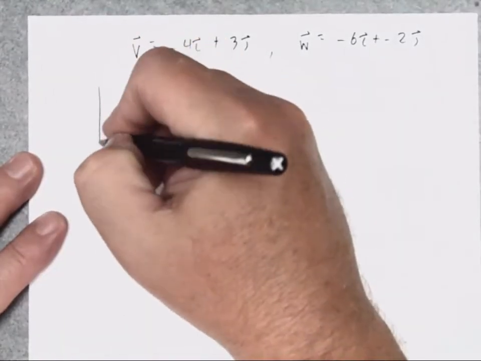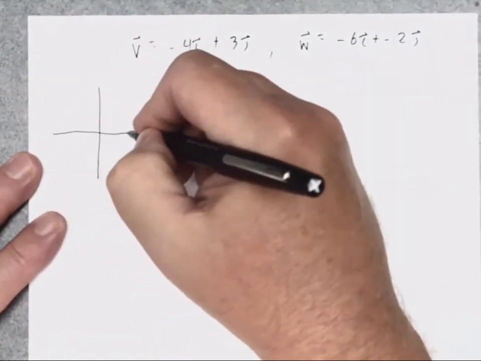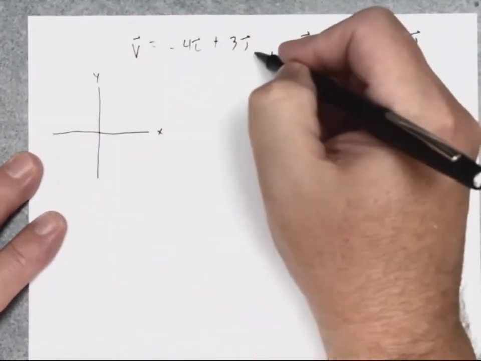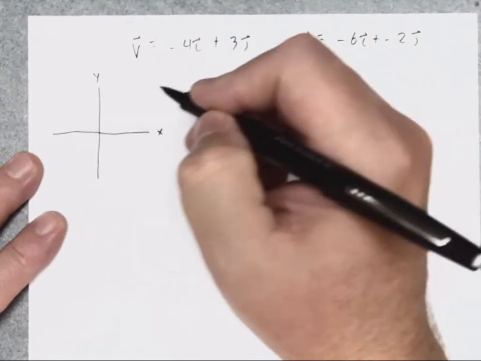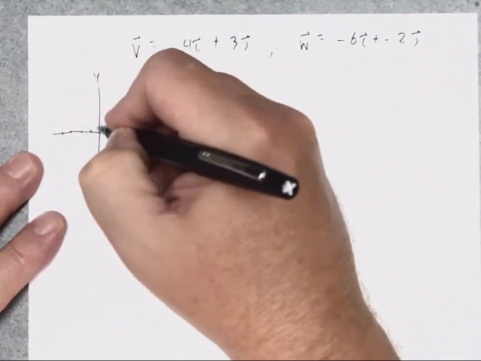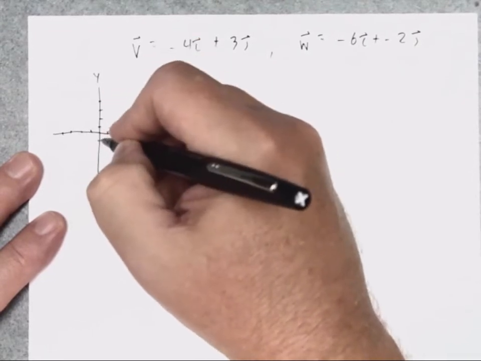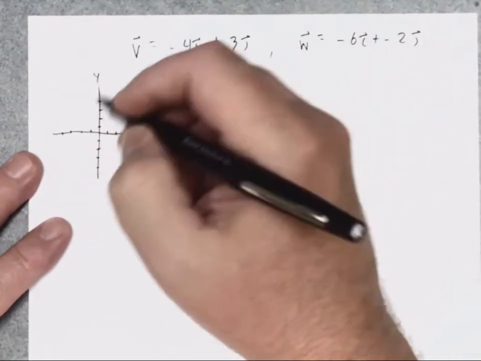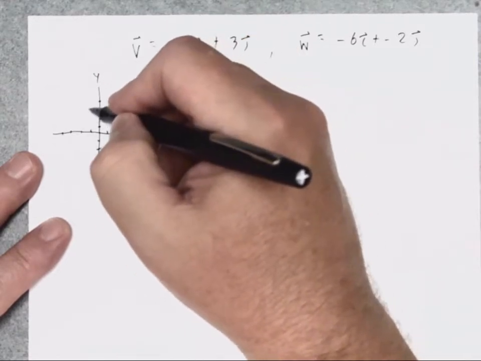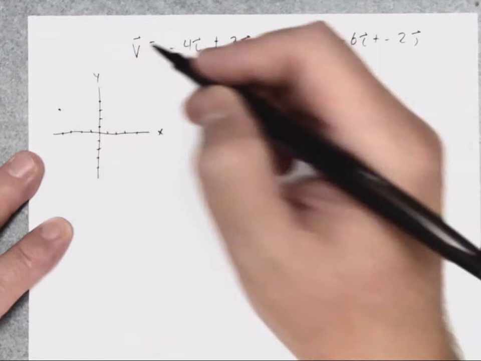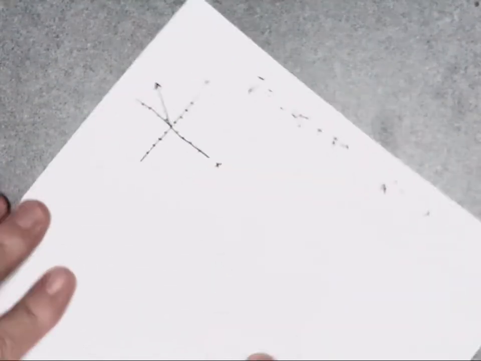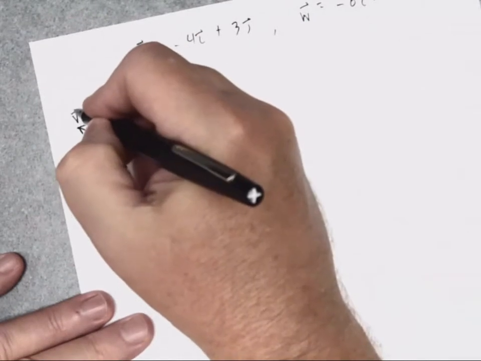So let me sketch these two vectors and see what the angle between them would look like. Negative 4, 3. So let's go negative 4 in the negative x direction and 3. Maybe right here, so maybe this would be vector v.